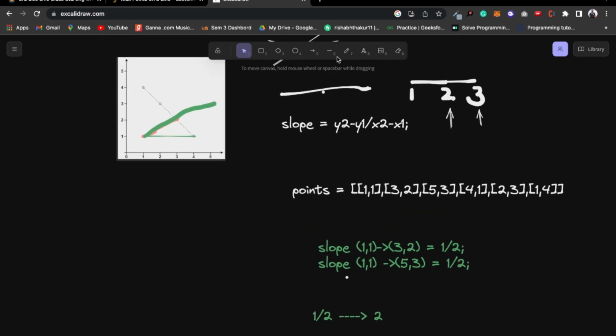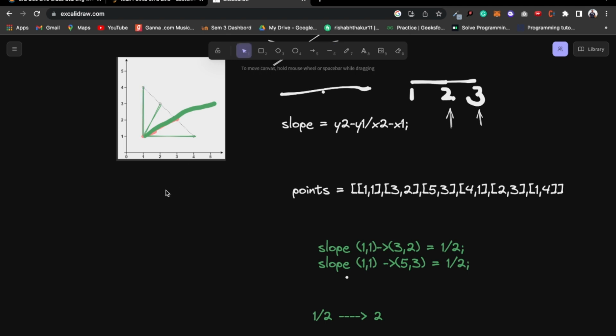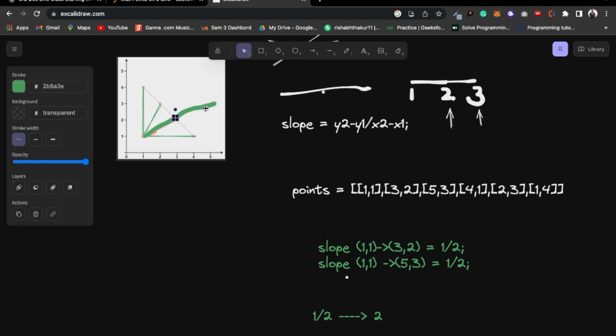For example, in this point, this is the line, and another line can be this one. But what you can see is that from the 1 1 point, the maximum number possible is these 2 points.